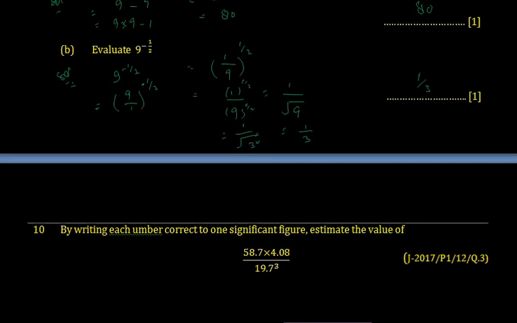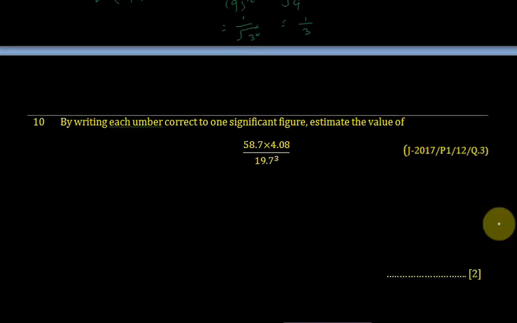Now another question. Paper 1 of 2017 June, question number 3. By writing each number correct to one significant figure, estimate the value of. Now whenever estimate is written in any question, we have to round the figures. So we first write the question: 58.7 multiplied by 4.08, and then it is 19.7 to the power 3.